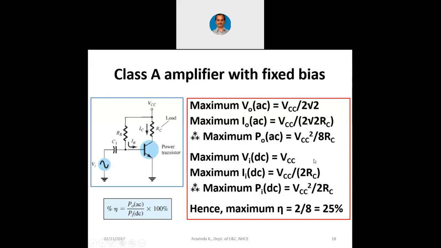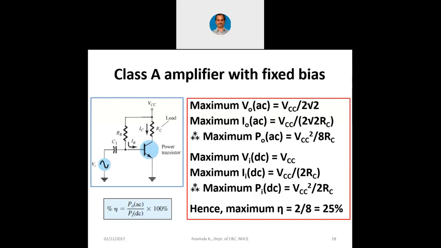Because output power by input power, AC power by DC power, VCC squared gets cancelled, RC gets cancelled. The one at the denominator goes to the numerator, because it is 1 by 2. So 1 by 8 divided by 1 by 2 is basically 2 by 8. So efficiency is 2 by 8, which is 1 by 4, that is 25%.